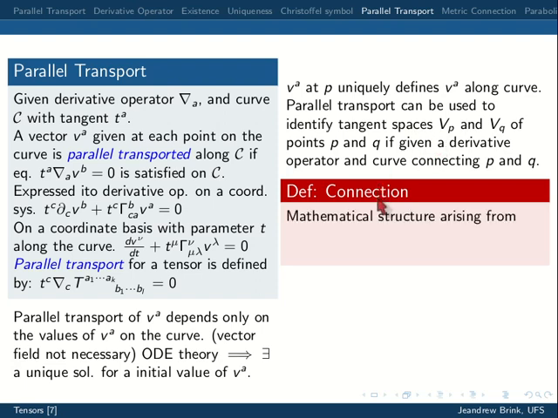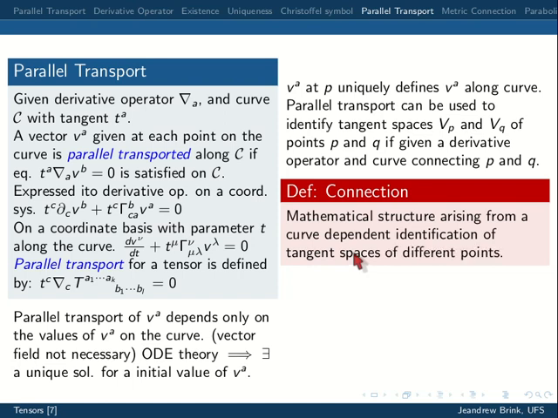Okay, so just a name for this gamma or the C's we've worked with: we call it a connection. It is the mathematical structure arising from a curve-dependent identification of the tangent spaces of different points.